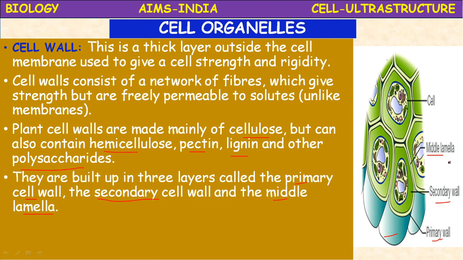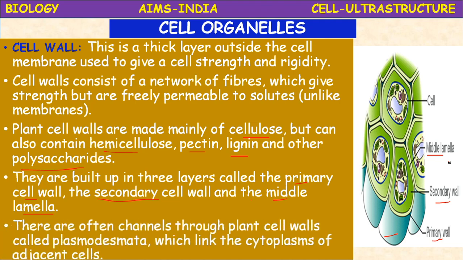Next, the cell wall is found in plants, bacteria, fungi, and algae. Animals and most protists do not have cell walls. There are often channels through plant cell walls called plasmodesmata.